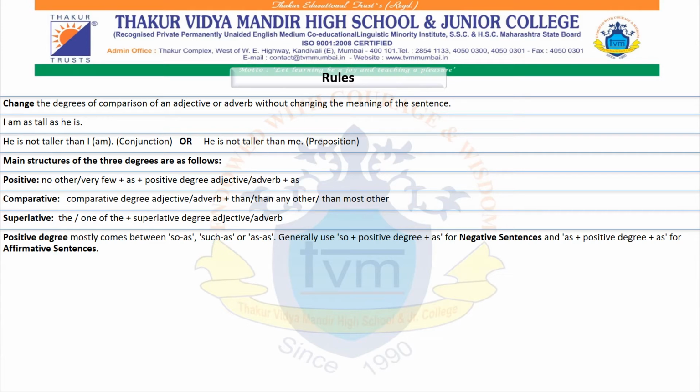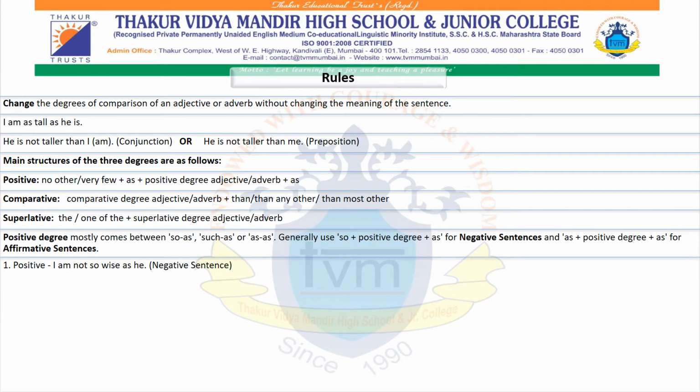Positive degree mostly comes between so and as, such and as, or as and as. As we have just seen in the examples, generally use so plus positive degree plus as for negative sentence, and as plus positive degree plus as for affirmative sentence.